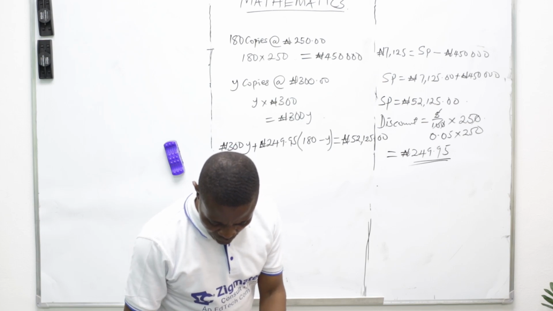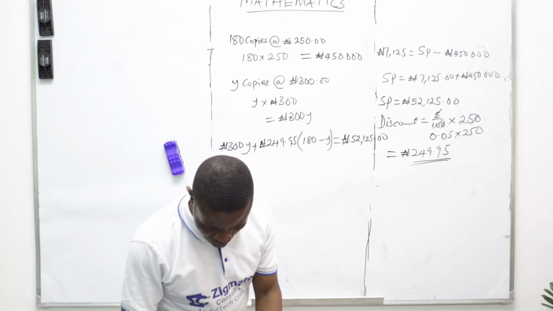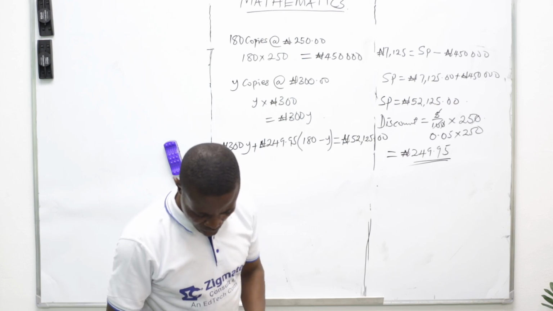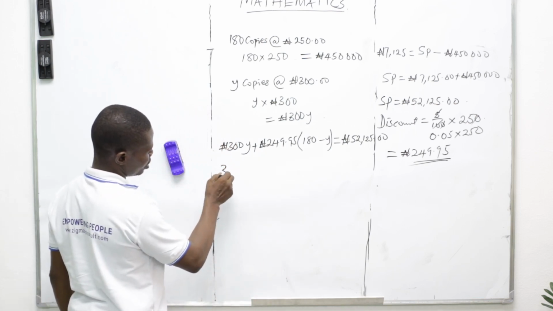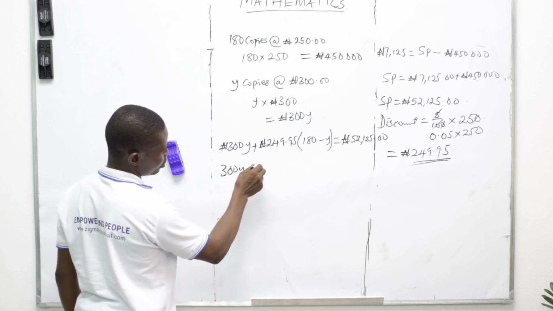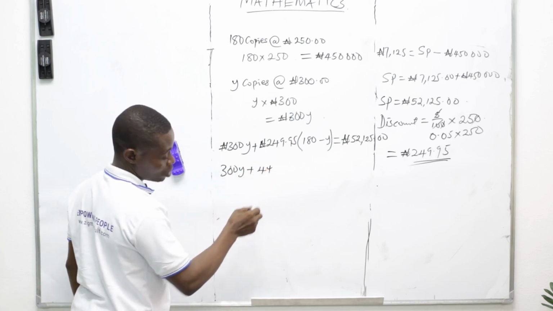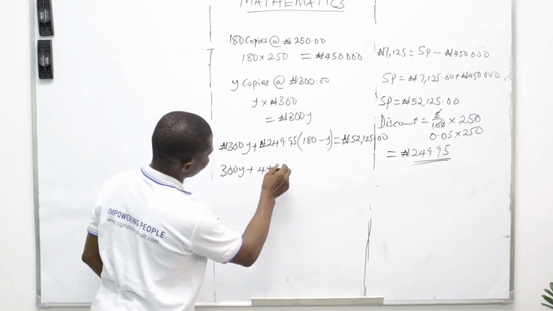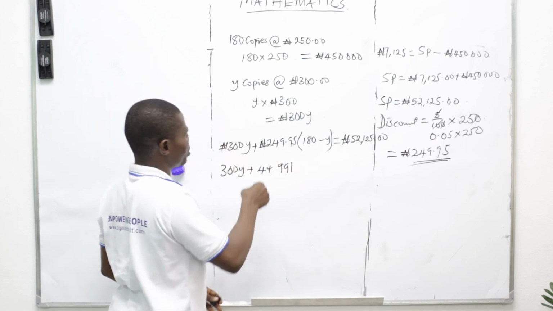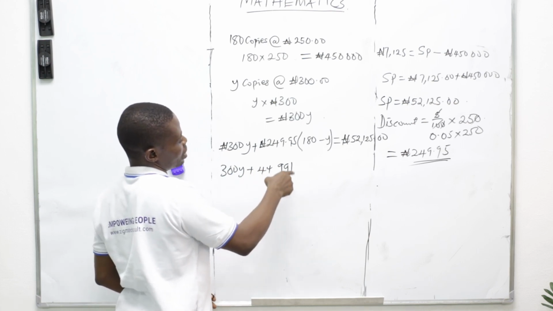Okay, let us punch and expand this. This times 180 gives 44,991. So 300y plus 44,991.